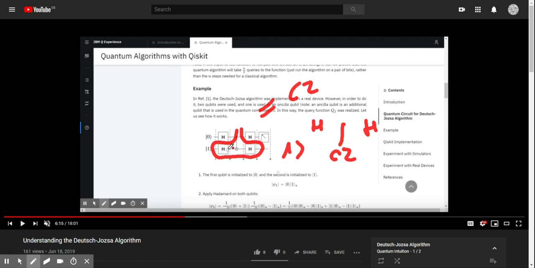Because that's kind of looking into the actual oracle. The oracle was supposed to actually be the function that's either constant or balanced, right?